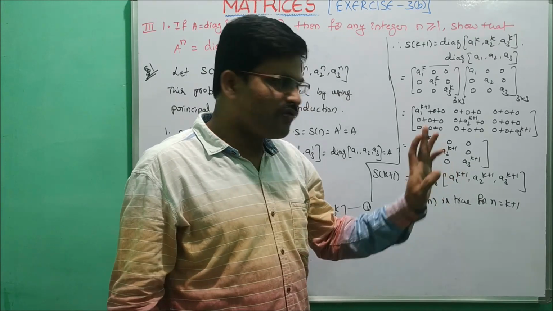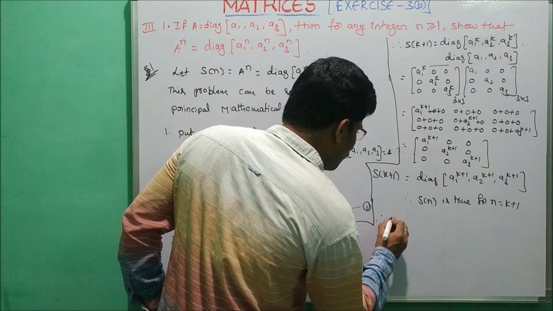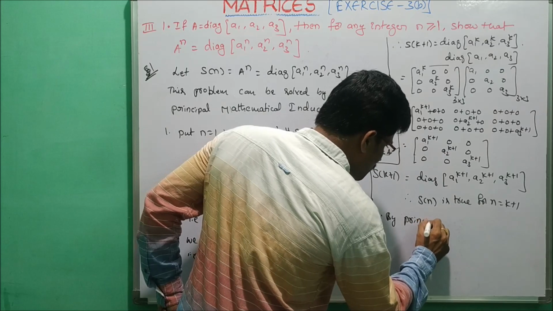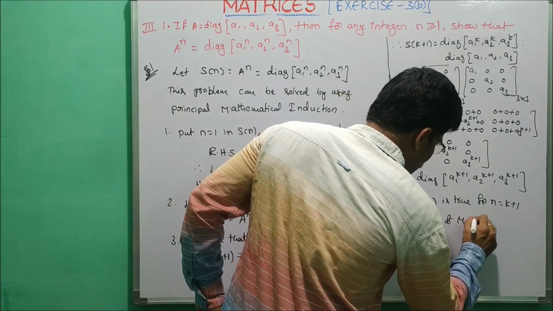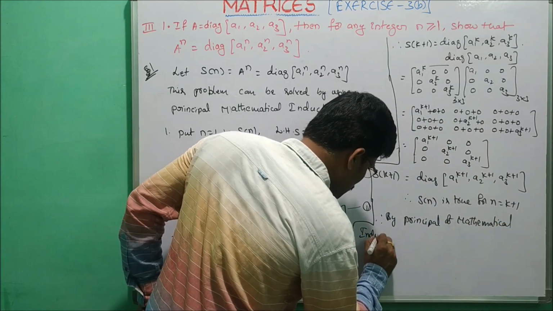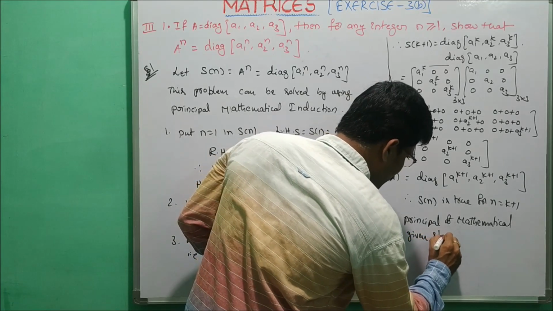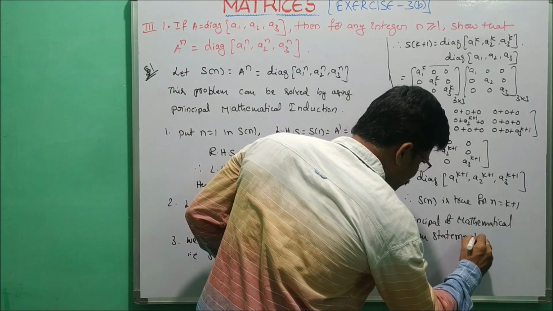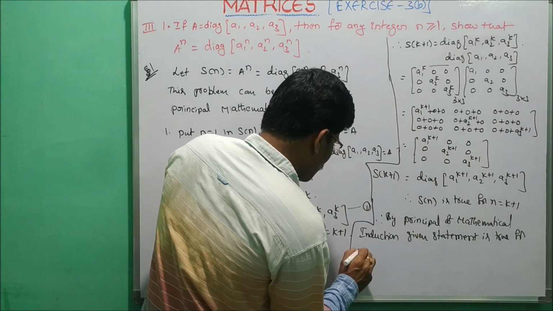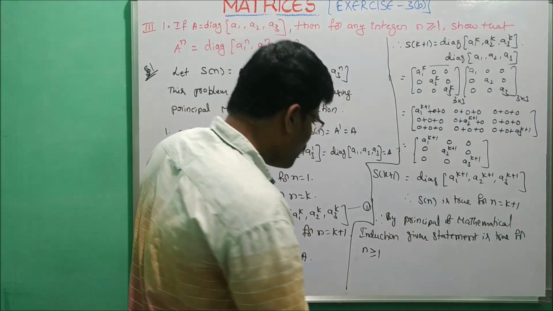Now therefore S of n is true for n equal to k plus 1. That means, by the principle of mathematical induction, the given statement is true for n greater than or equal to 1.